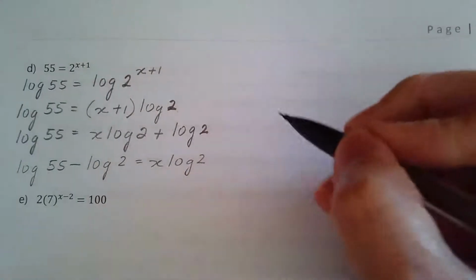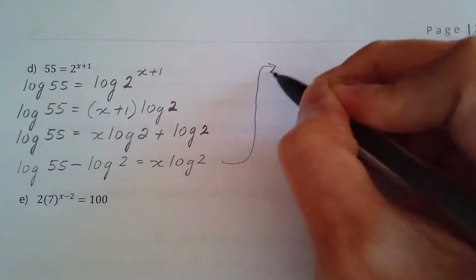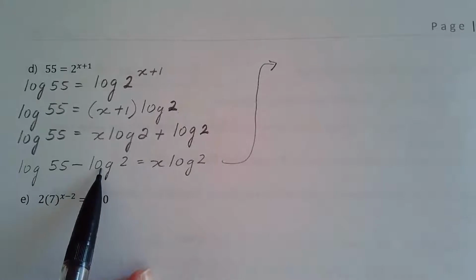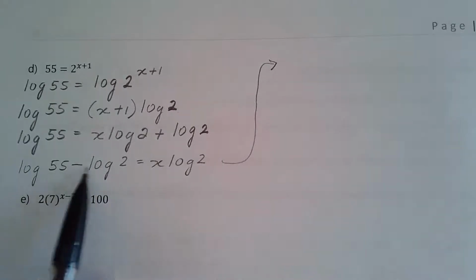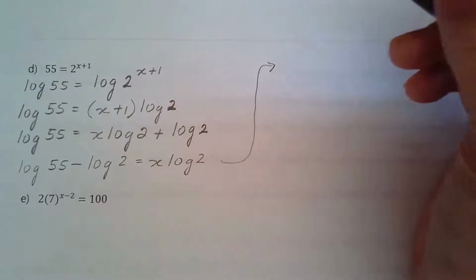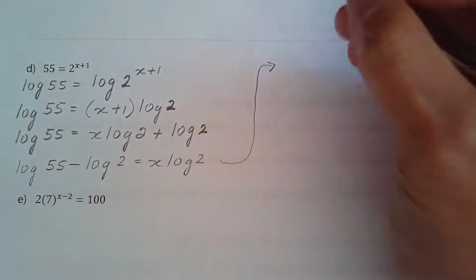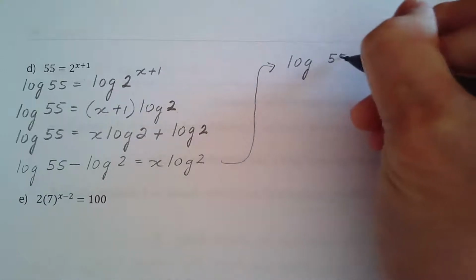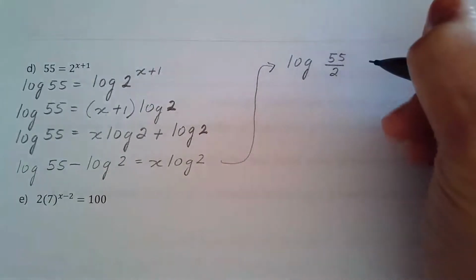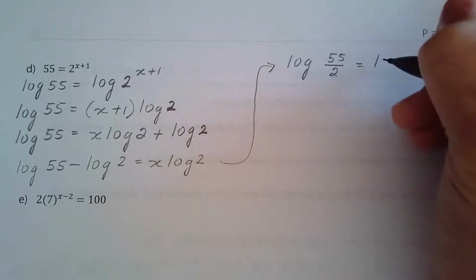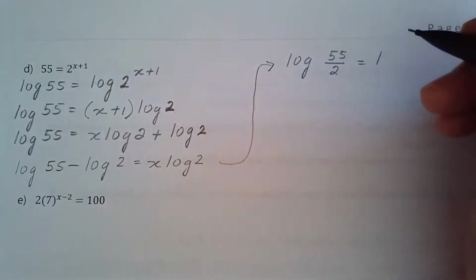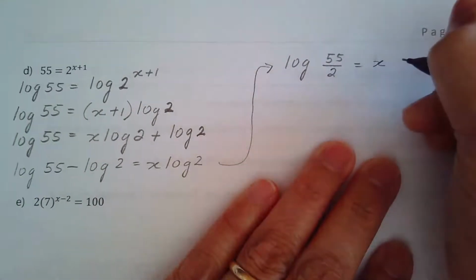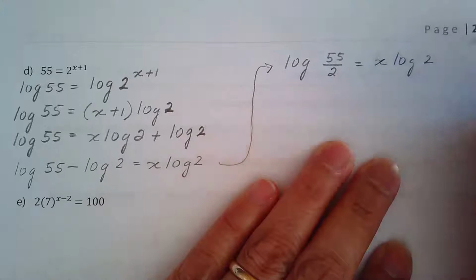Okay. These two, log of 55 minus log of 2, we can simplify to log of 55 divided by 2 equals x times log 2.